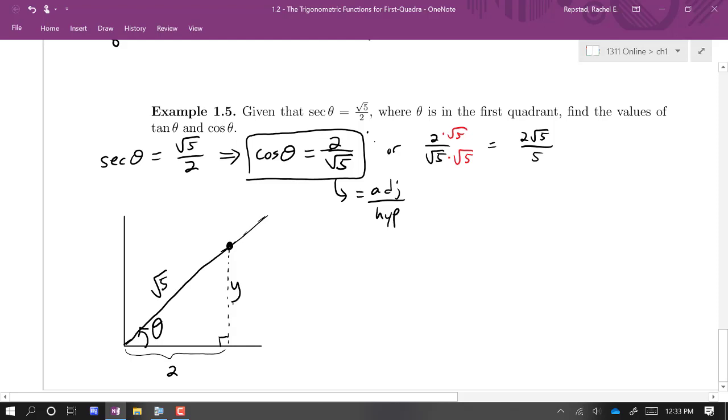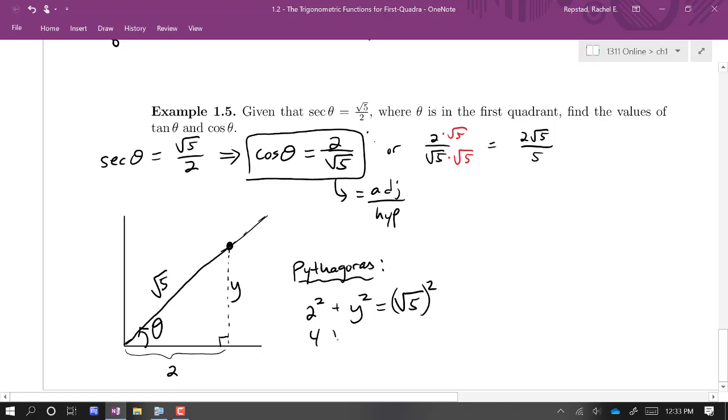We don't know the opposite side yet, but we can find it, again, using Pythagoras. So Pythagoras says that 2 squared plus y squared equals root 5 squared. Remember that it's always the hypotenuse that's on the side by itself in the Pythagorean theorem.